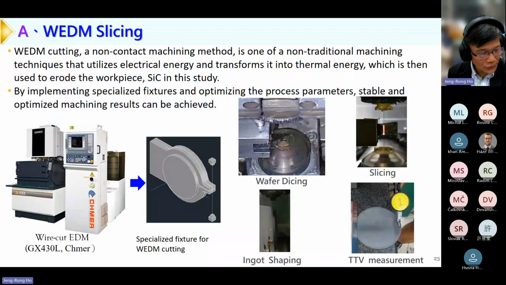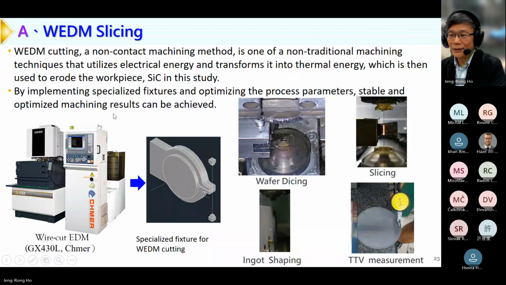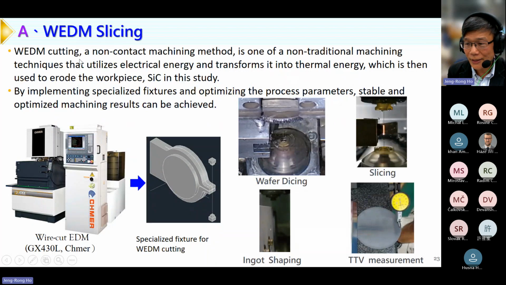Okay, so then I'm going to show you some results. Wire EDM is a non-contact machining method, one of the non-traditional machining techniques that use electrical energy and transfer it into thermal energy, which is then used to erode the workpiece. Here it is silicon carbide. We use this machine from Chamber, which is also one of my cooperative companies in Taiwan.